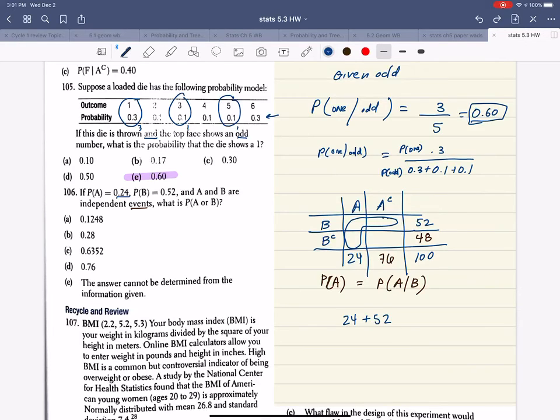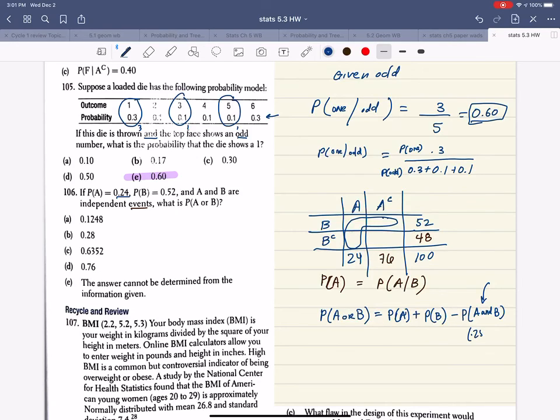If they're independent, then the probability of them happening at the same time should just be the 2 multiplied together.